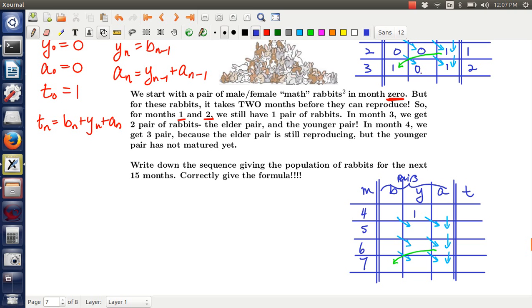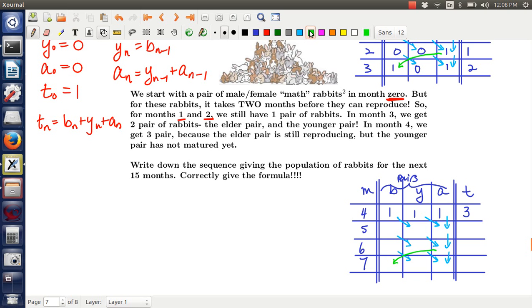There are no youth in month 3, so we have nobody to bring over to the adults, but we get to keep the existing adults. Now, the existing adults are reproducing, so we have this green arrow that goes from here down. Don't forget that we have new babies being formed, and so we have a new set of rabbits. Now we have a total of 3.